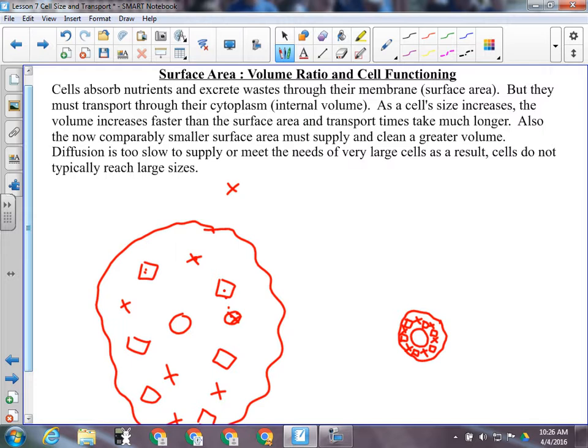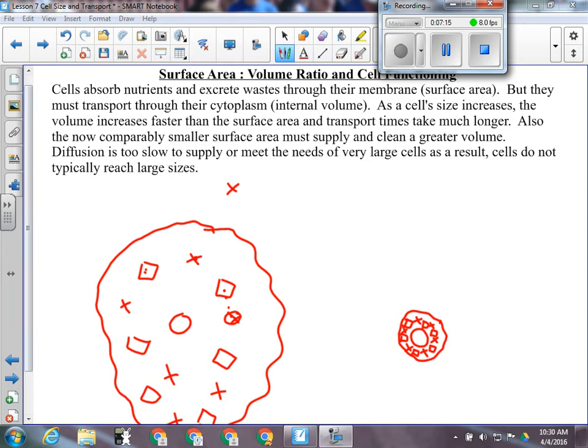The bigger the volume gets, the slower diffusion is going to be at moving material, because the distance is increasing. So it is because of the limitations of diffusion, that is its speed and that it's not targeted, that cells cannot reach excessive sizes.